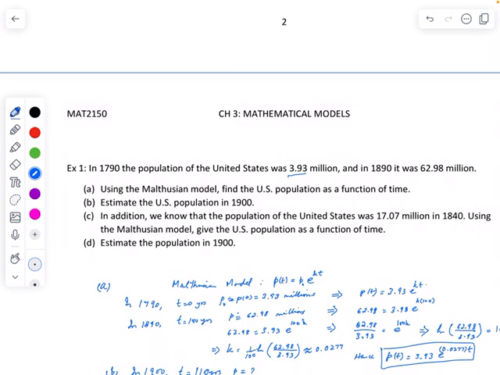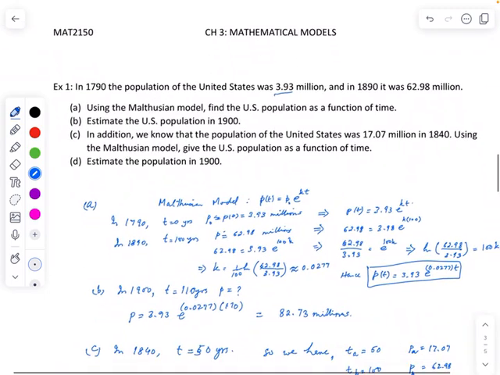Remember, in order to predict the complete model, we have to know two data values, or two-point values. Here we are given 1790, so we will take t equal to 0 at 1790.